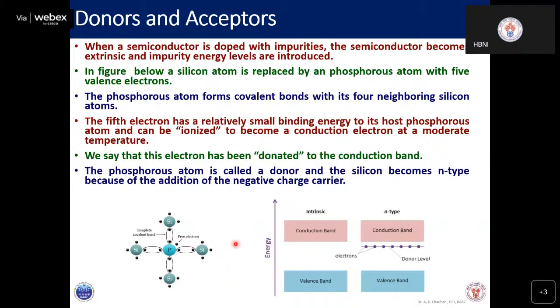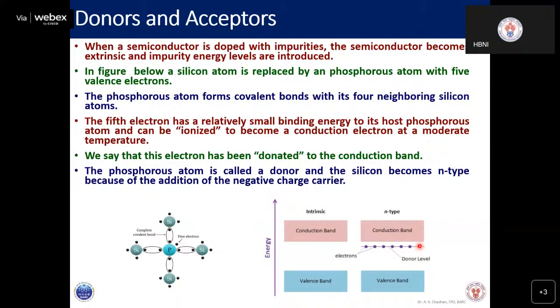So now if we see the band formation, in the case of intrinsic, suppose we see the conduction band and valence band, and there was nothing in between. These were all not allowed. If you add a donor material like phosphorus, then the energy levels are created very near to the conduction band.